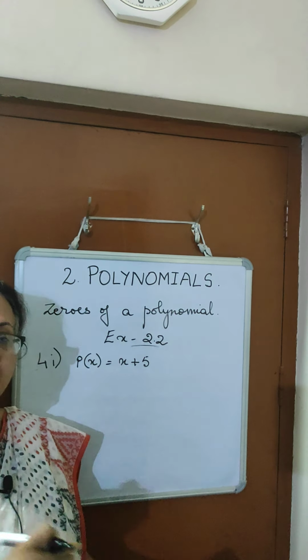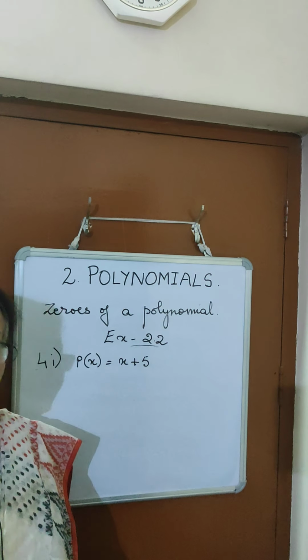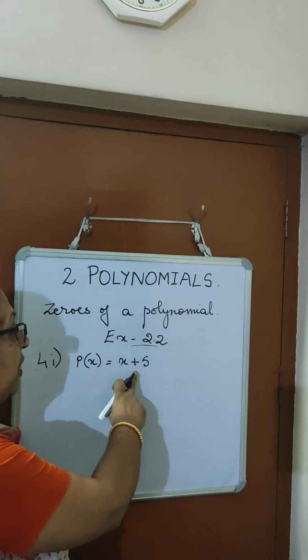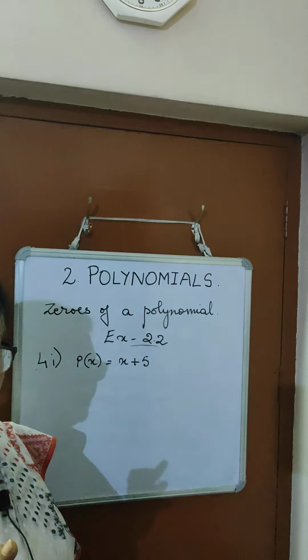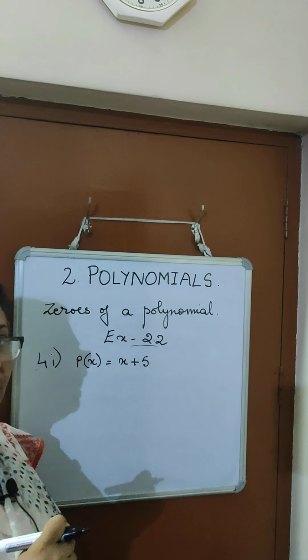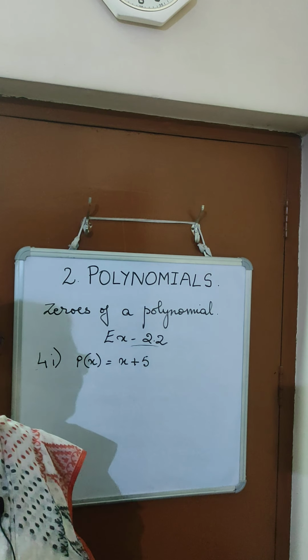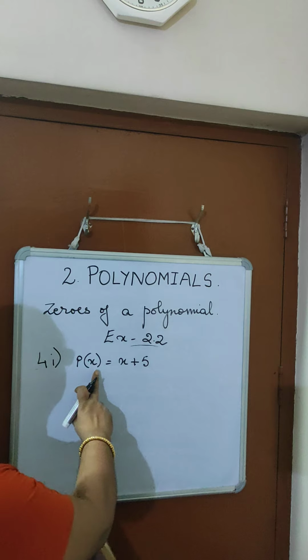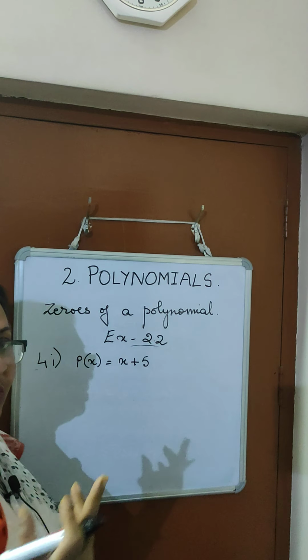You have to find the 0 of this polynomial. Now, to find the 0 of a polynomial, we equate the polynomial to 0. Okay, if you equate the given polynomial to 0, you get the 0 of the polynomial. That is, p(x) is x plus 5. How to find the 0?